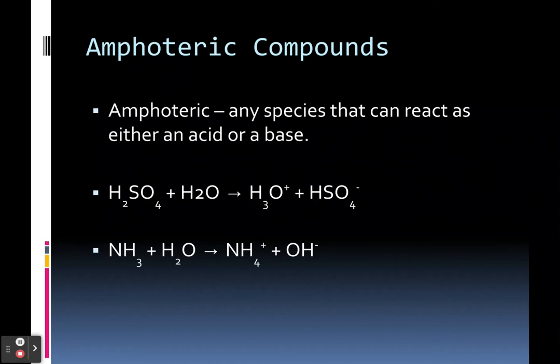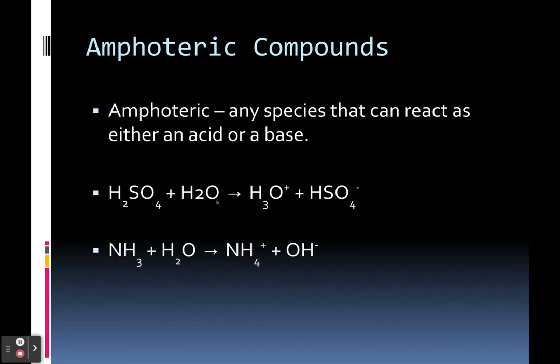Amphoteric means that you have a substance that can be an acid or a base. If we look at this reaction, water in the first situation is acting as our base, and in the second situation, water is acting as our acid. In the top one, H2O is paired with H3O positive.